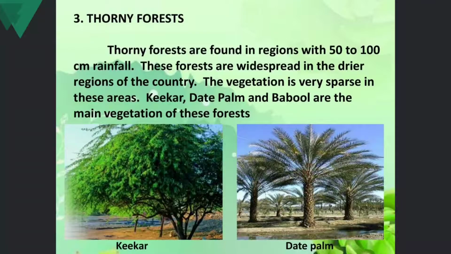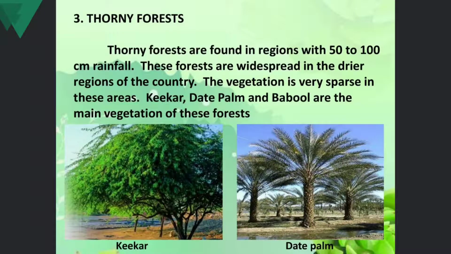Moving ahead with the next one. Third, we have the thorny forest. Thorny forests are found in regions with 50 to 100 centimeters of rainfall. These forests are widespread in the drier regions of the country, like desert-type areas. The vegetation is very sparse in these areas.